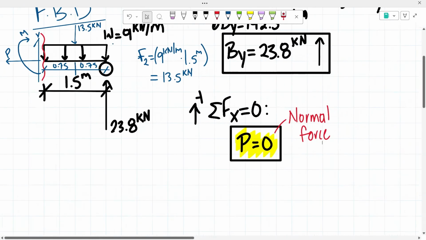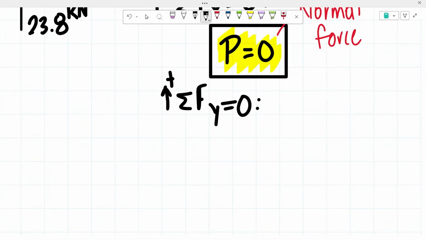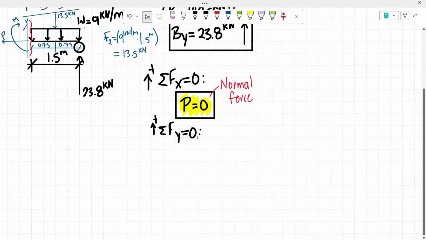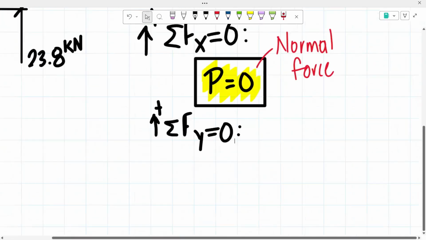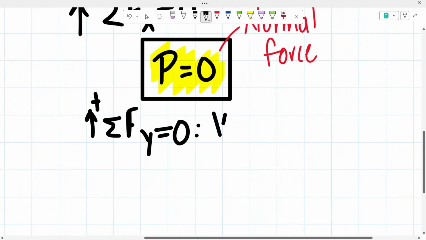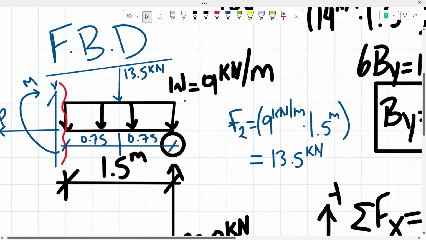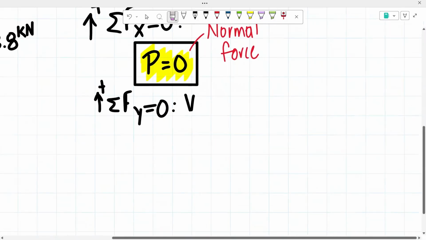From there, to solve for a shear force, I'm going to be taking the sum of the forces in the y direction. Once again, those have to equal 0. So based on the sign convention, we know that our shear force will be acting upward, so that's a positive force. So we have V. From there, we have our concentrated force of 13.5 kilonewtons, so that's a negative force.